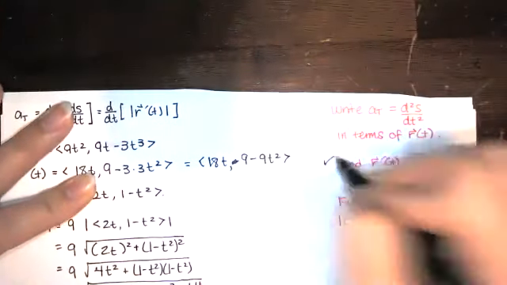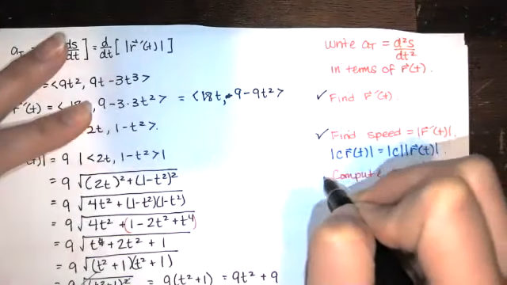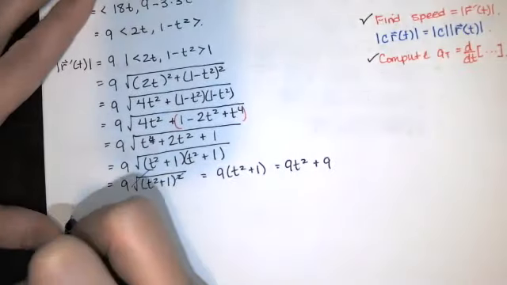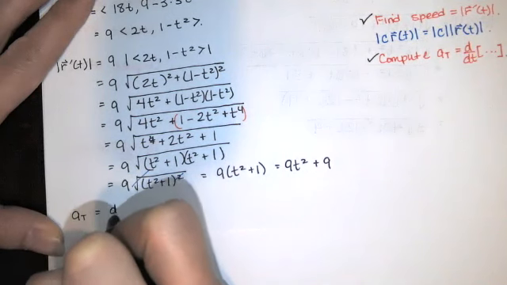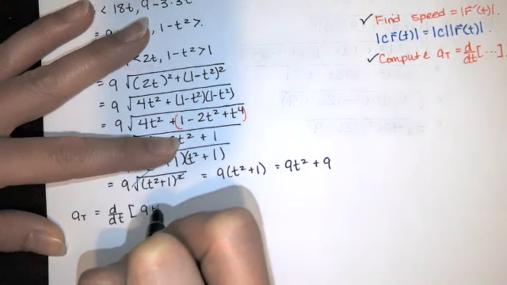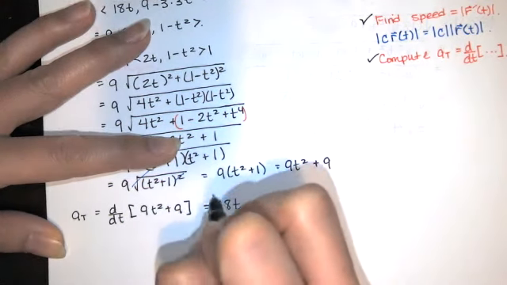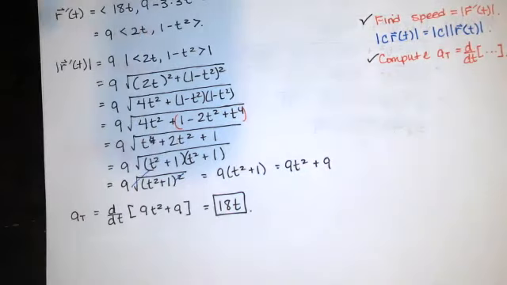So we have found the velocity, and we found the speed, and now we want to compute the derivative of speed. A sub t is the derivative of that with respect to time, which is 18t. Not too bad.